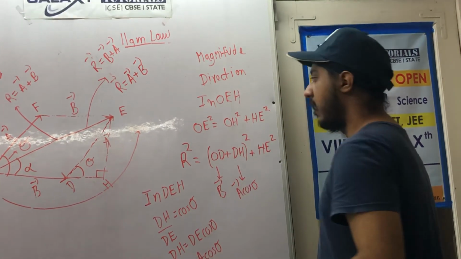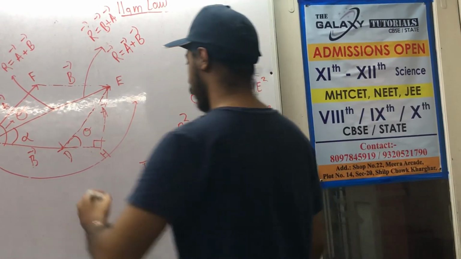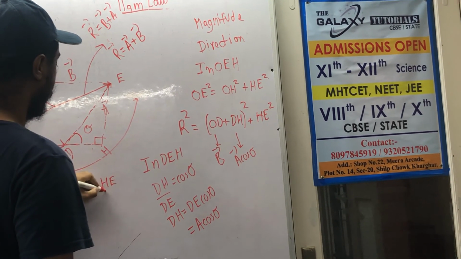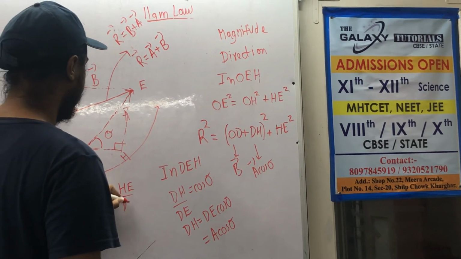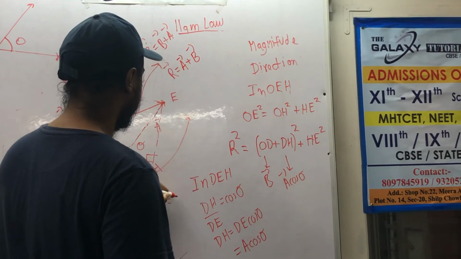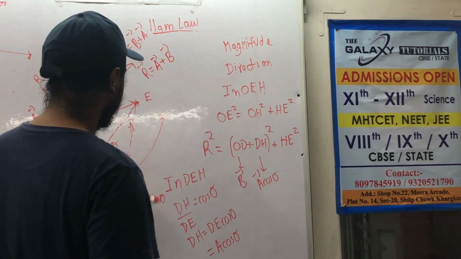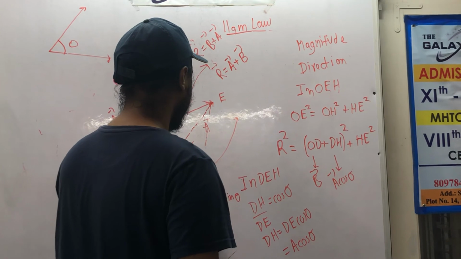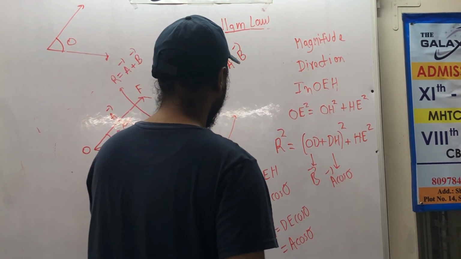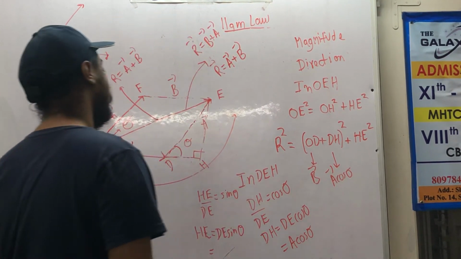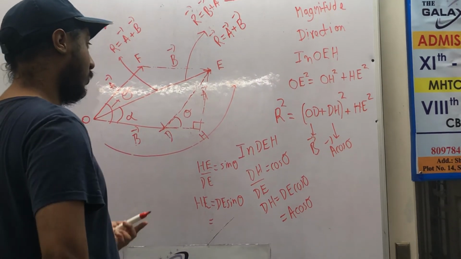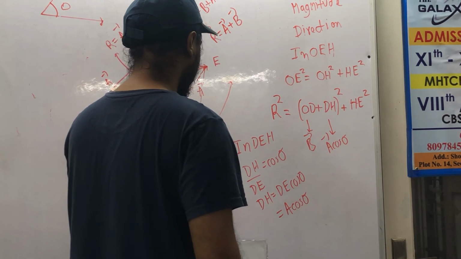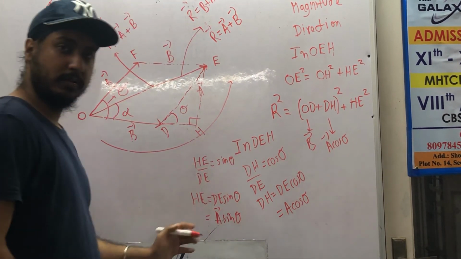What will be the value of HE? Same, in triangle DEH, HE upon DE is equal to sin theta. So HE will be equal to DE sin theta. What is the value of DE? A. This will be equal to A sin theta.